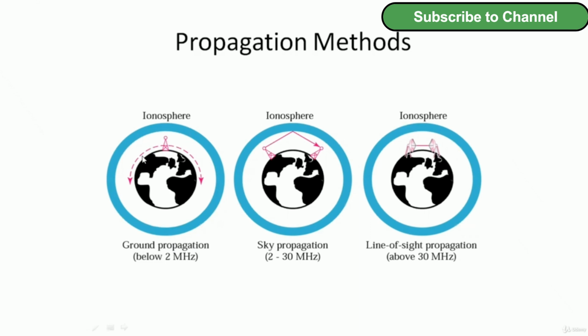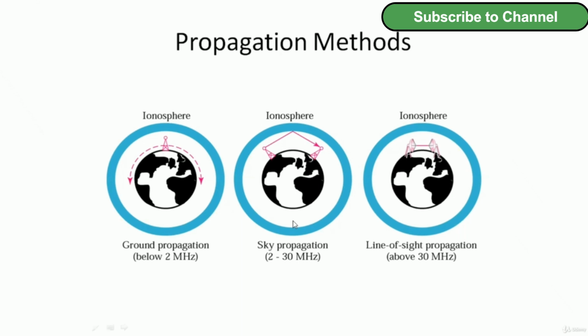This one is the earth, and this is the surface of the earth, and this one is the ionosphere. So it is around the earth, meaning through the surface of the earth the signal transmits, that is known as the ground wave propagation, and it happens for signals below 2 megahertz frequency.